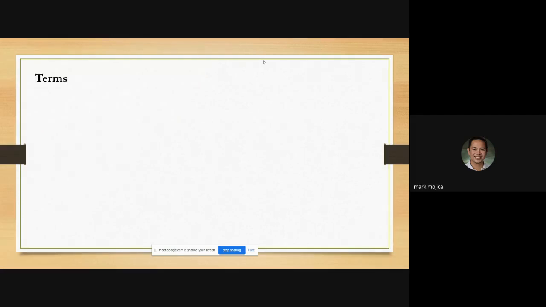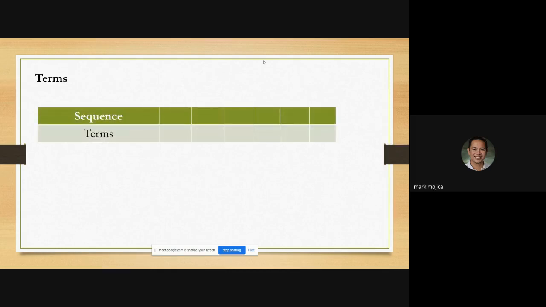Terms is also a topic na kailangan maintindihan dito sa generate patterns and sequences. Kasi this is palaging ginagamit pagdating sa mga pag-a-analyze ng sequences and patterns. So, to best describe the terms is by means of this table. Notice we have the sequence at the top, and at the below of the sequence we have the terms.